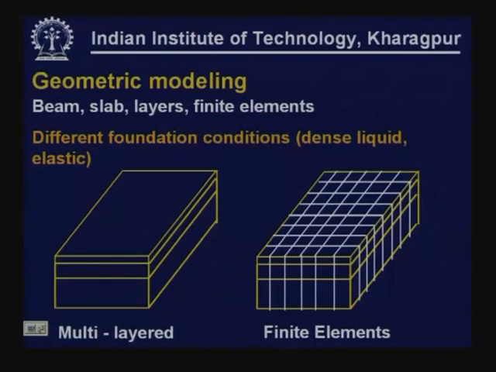There are various models that are available to geometrically characterize any given structure, especially when we concentrate on payments. The common models that are used are beam, slab, a system of layers, or a system of finite elements.